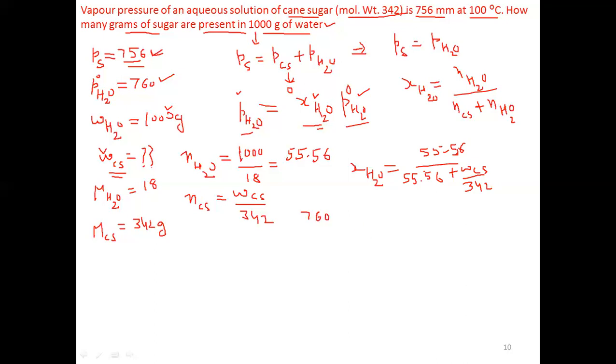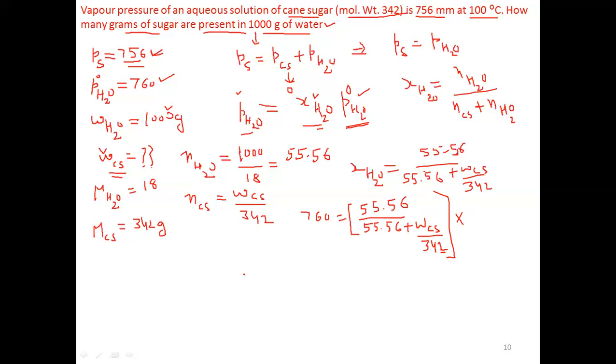So 760 is equal to X water, this complex expression I will write here, 55.56 divided by 55.56 plus W cane sugar divided by its molecular weight, 342, multiplied by this P naught water.